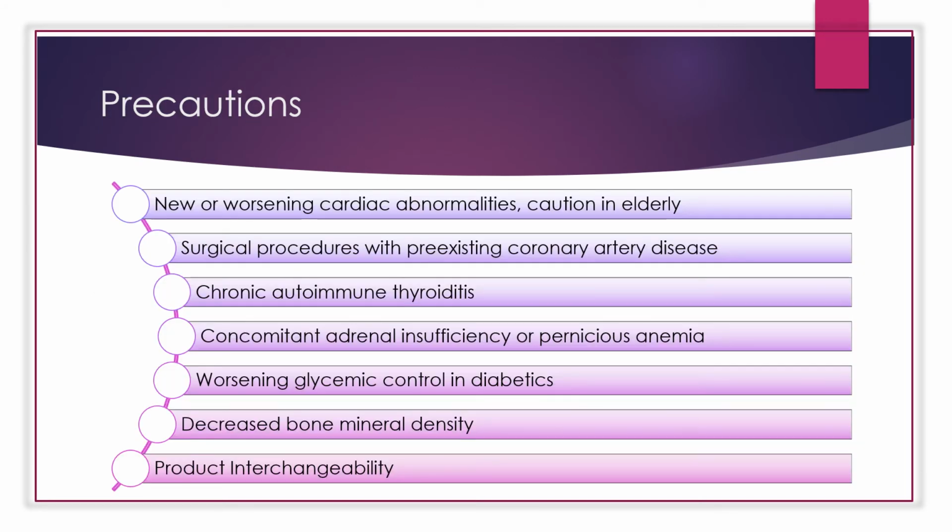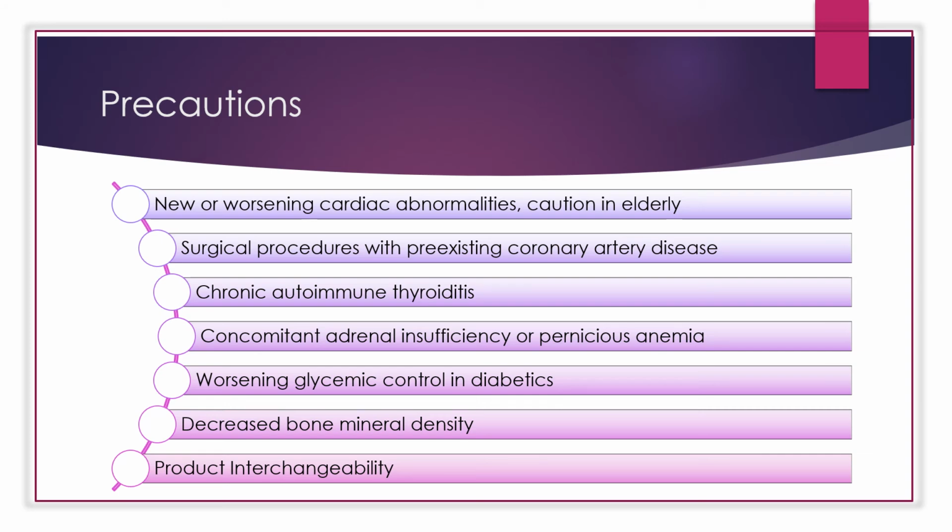Precautions. New or worsening cardiac abnormalities, such as increase in heart rate, angina, and arrhythmias, may develop with overtreatment. You want to be cautious in elderly as they are at greater risk for cardiovascular events. Surgical procedures in patients with pre-existing coronary artery disease increase the risk of cardiac arrhythmias.